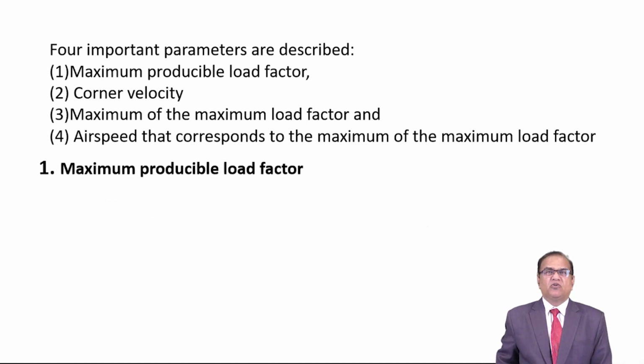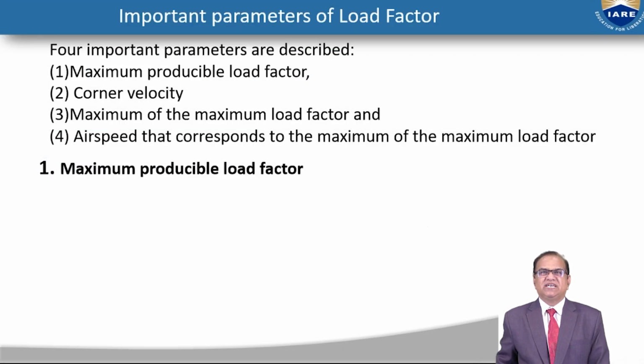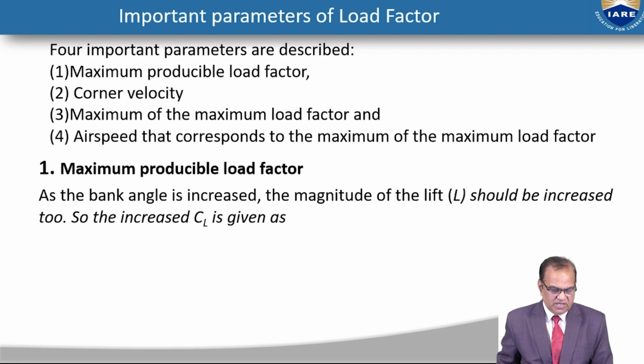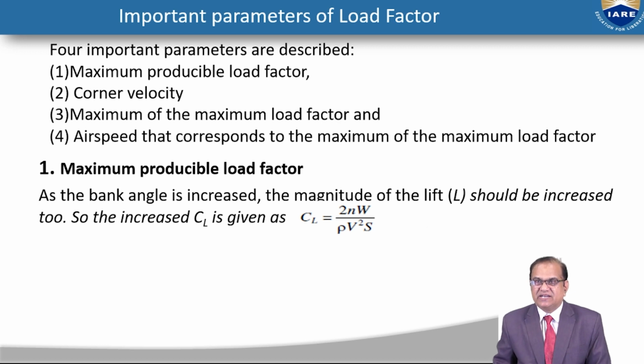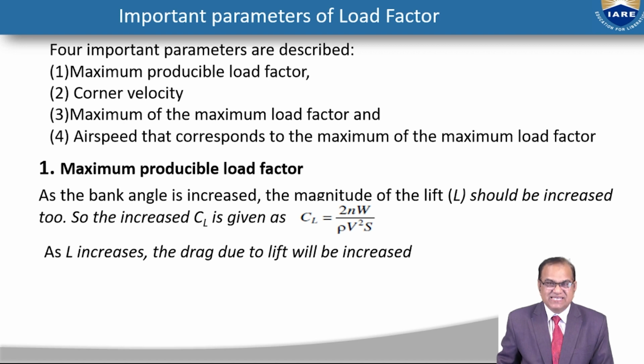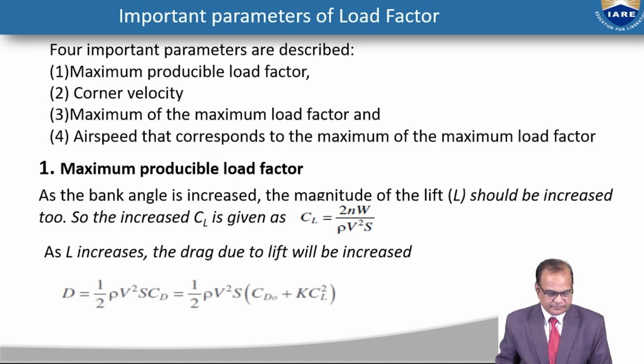Maximum producible load factor. The first thing we will see here is that as the bank angle is increased, the magnitude of the lift should be increased too. So the increased CL is given as CL is equal to 2nW by rho V square S. As L increases, the drag due to lift will increase.